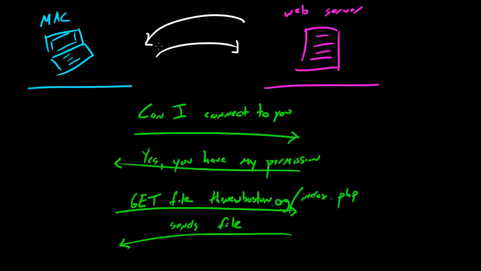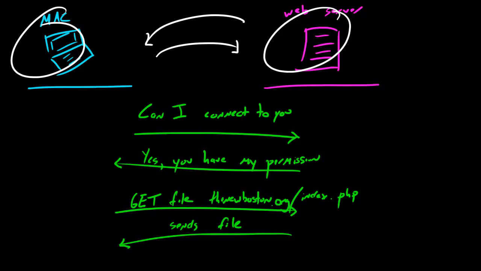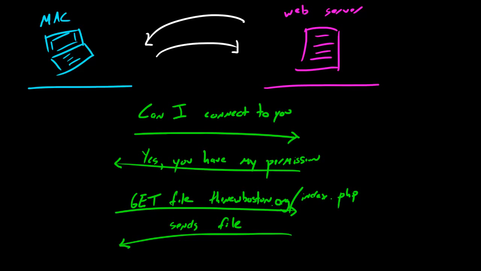First of all, this works because both of the computers, the Mac and the web server, knew the rules. They followed the same protocol, or the same set of rules. In computer networking, both computers must follow the same protocol, or else you can't have a successful communication.